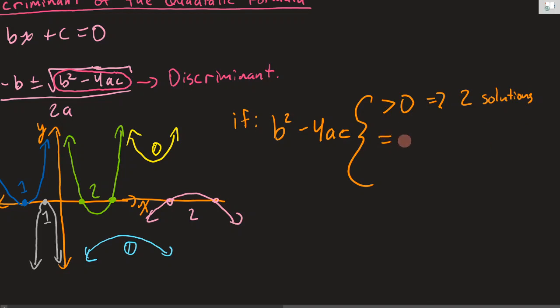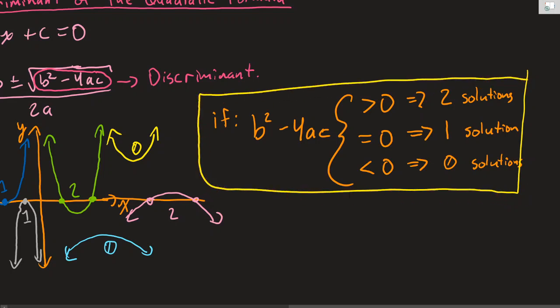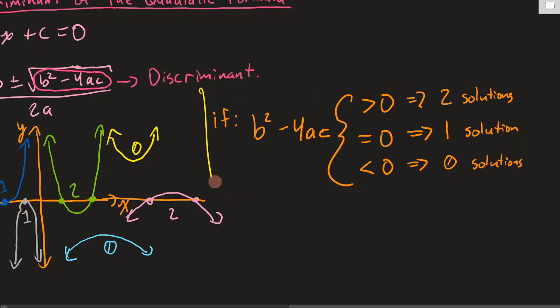If it's equal to 0, then you have 1 solution. If it's less than 0, then you have 0 solutions. Okay? And that is the discriminant of your quadratic formula.